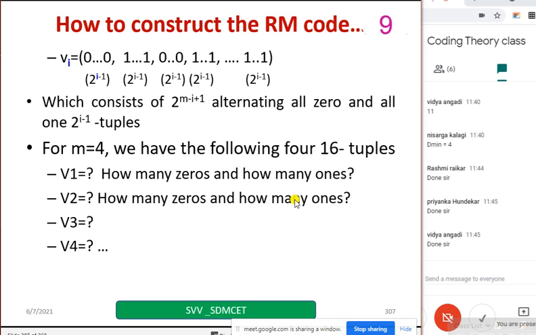Total 16, because I told you in the beginning, total 16 bits we take. m equal to 4, therefore v1, v2, v3, v4. v1 is 1010, this I have to repeat, correct. I want everyone to type v1 to v4.